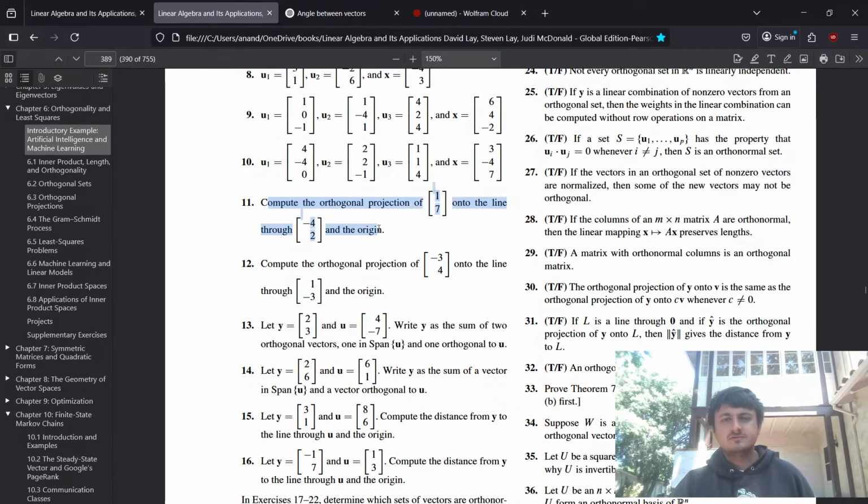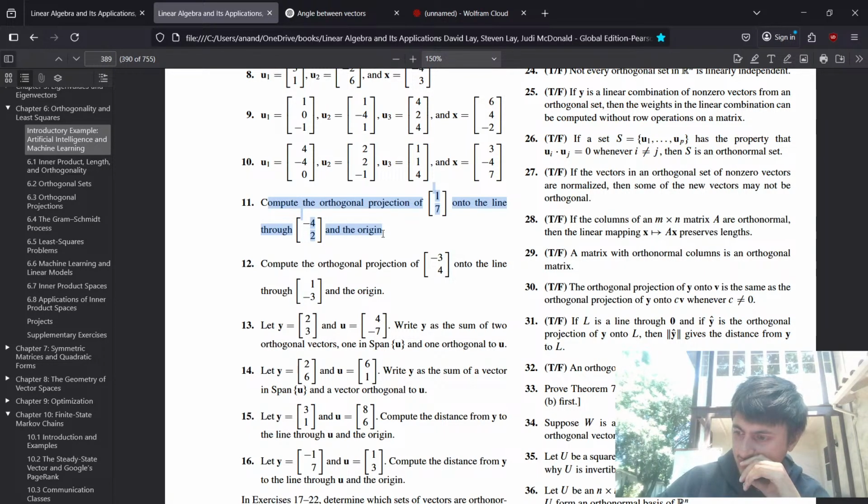Okay, let's do 11. We're going to compute the orthogonal projection. All right, so this is problem 11. Compute the orthogonal projection of (1, 7) onto the line through (-4, 2) between 0 and (-4, 2).